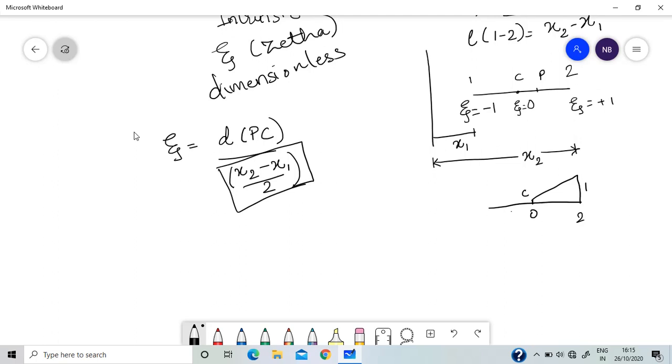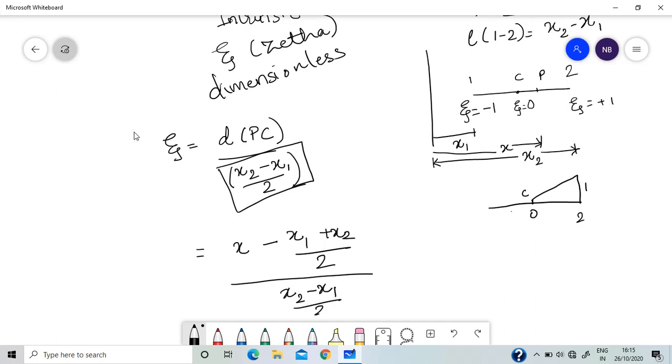Now we need the distance PC. This can be given as, we know that P is at a distance of x from the origin, so x minus x1 plus x2 divided by 2, the whole divided upon x2 minus x1 upon 2.